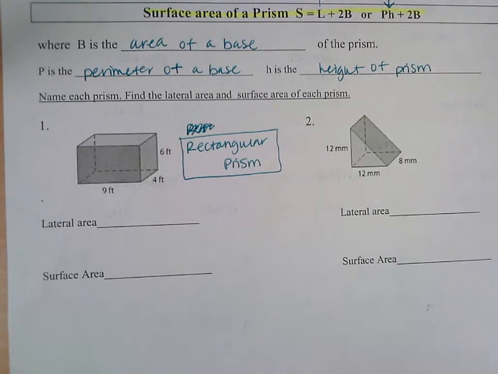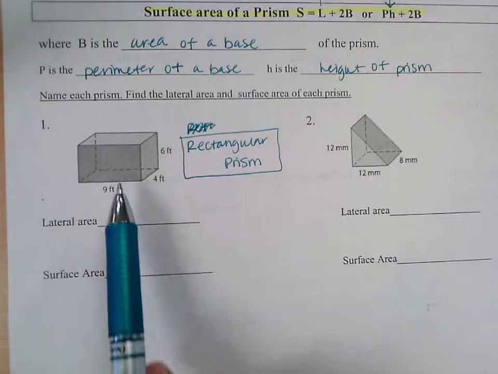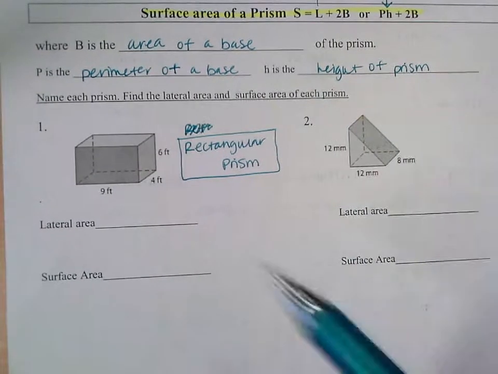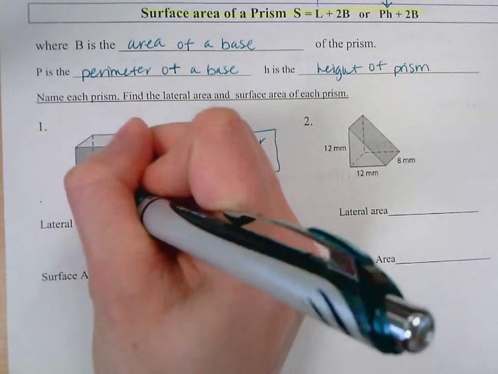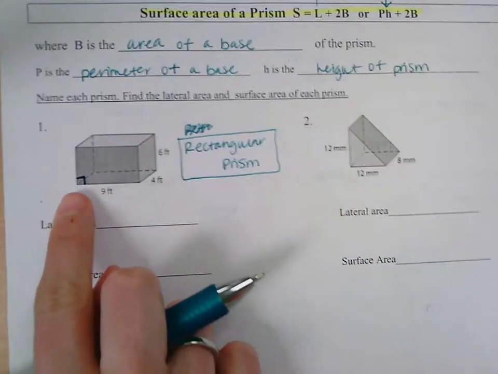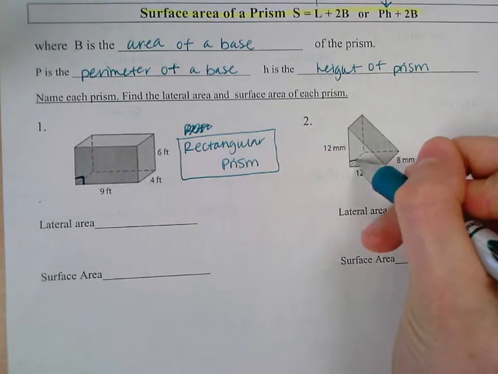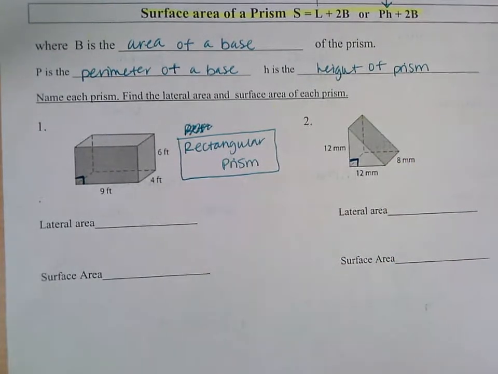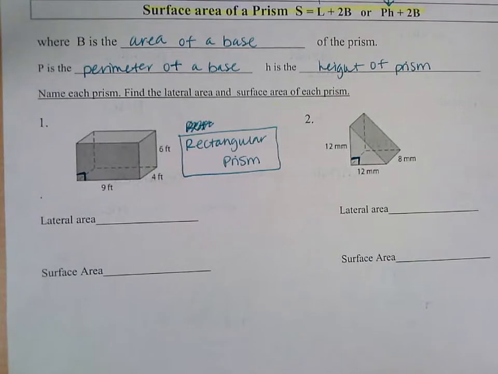If it is not a right prism, the problem will tell you that. So even though there's not 90-degree angles drawn in here, I can assume that it's a right prism, so this is a 90-degree angle. I can assume here this would be a 90-degree angle. So I'm letting you know that now it's okay to assume that. The problem will tell you if it's not. I think on your assignment, though, the right angles are already drawn in, so you don't even have to guess or make an assumption, because I know normally you're told not to assume that.